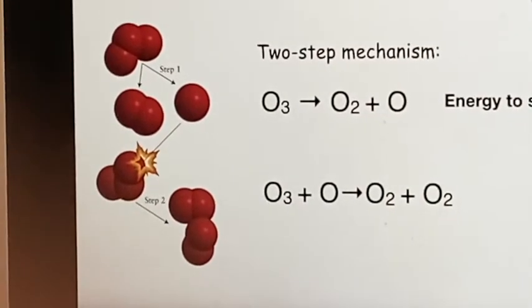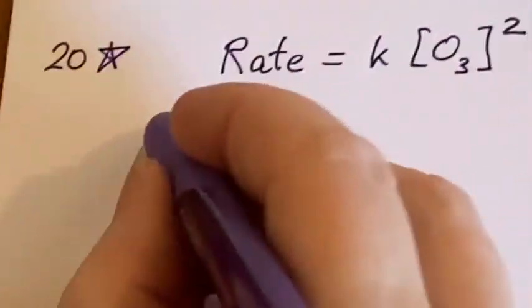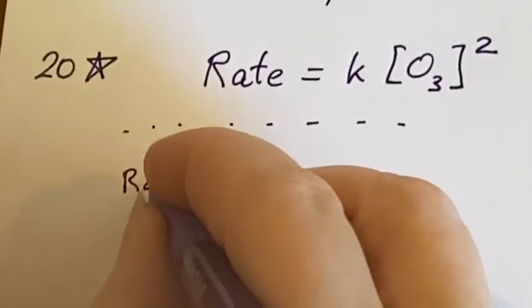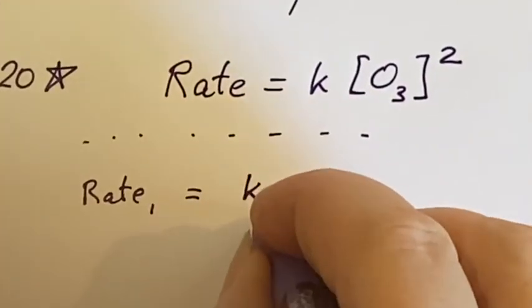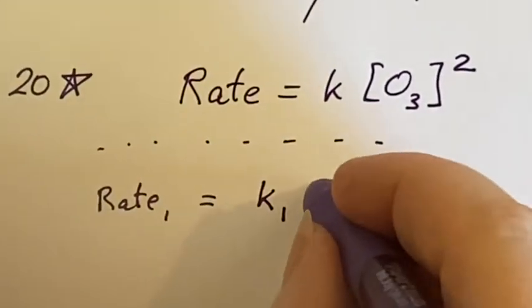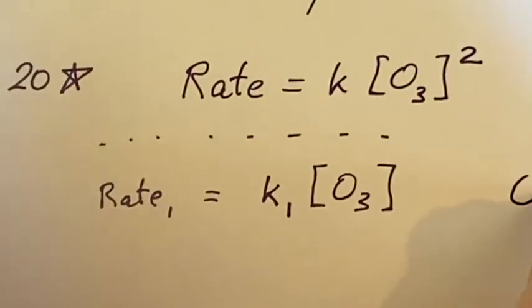What is this going to look like for a rate? Well, we have to do the 2 things separately. The rate for the first elementary step was unimolecular. I'm going to call it k1 since this is for the first rate, and the concentration of ozone appears simply once. That looks like this.